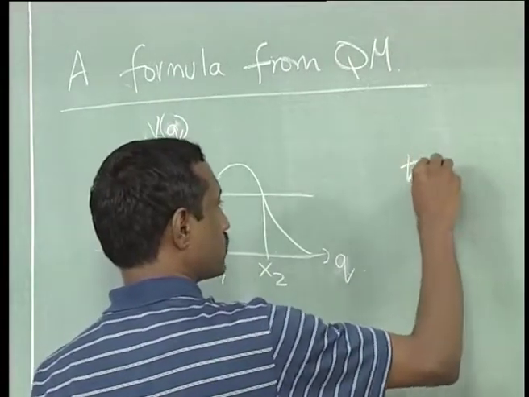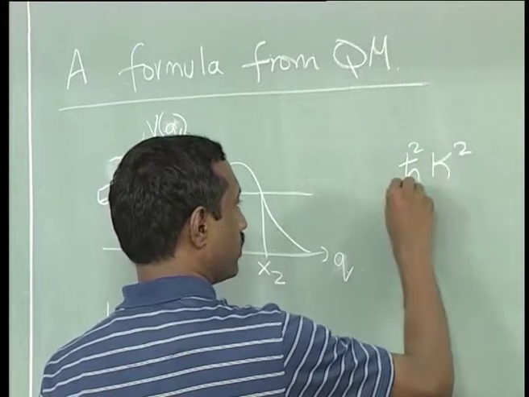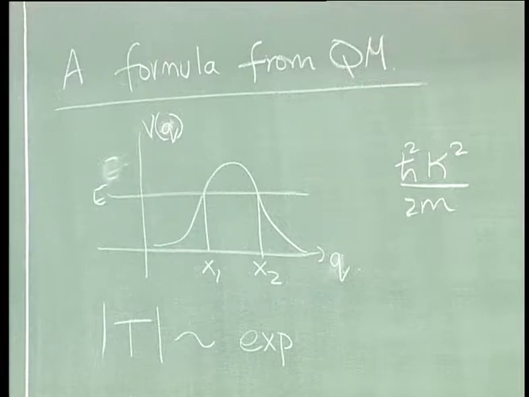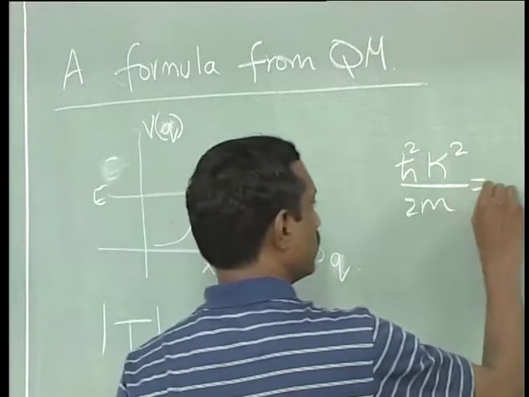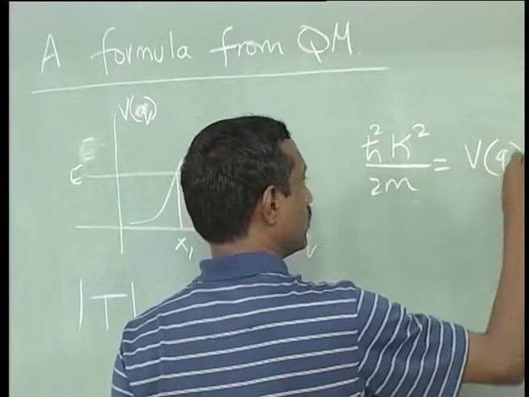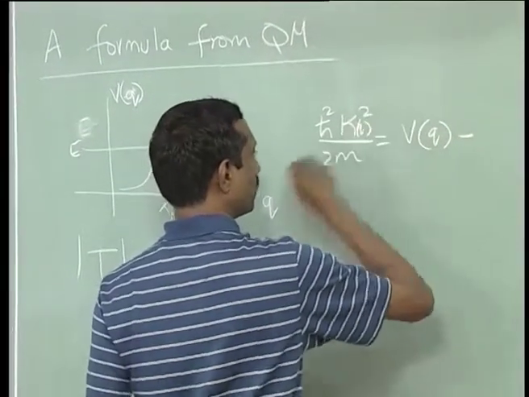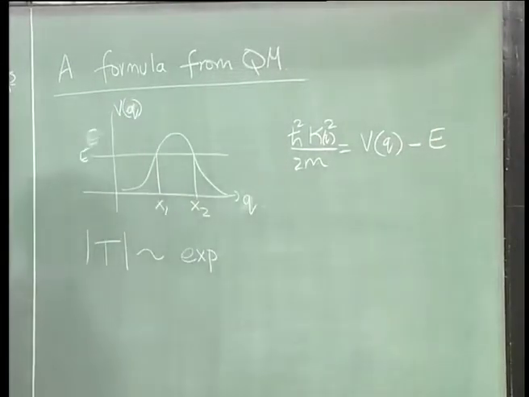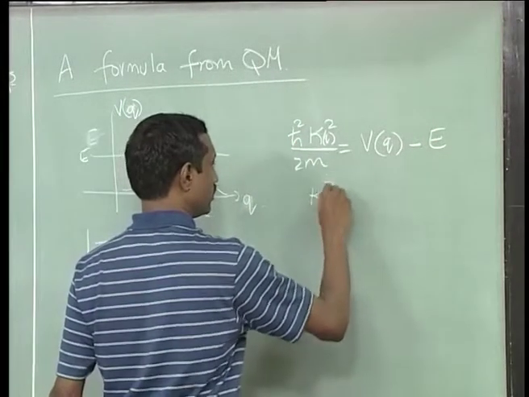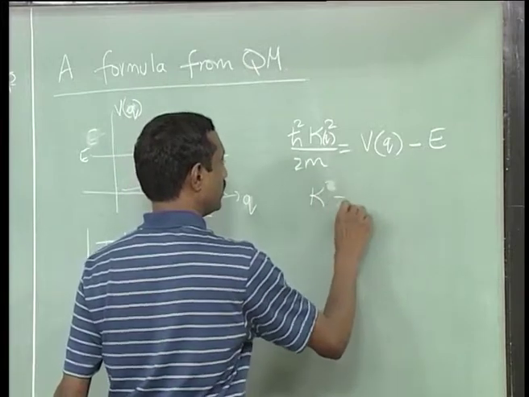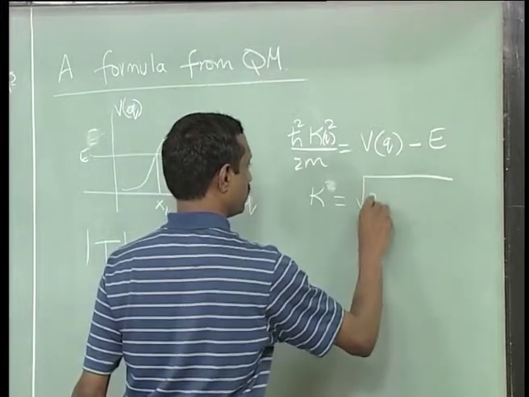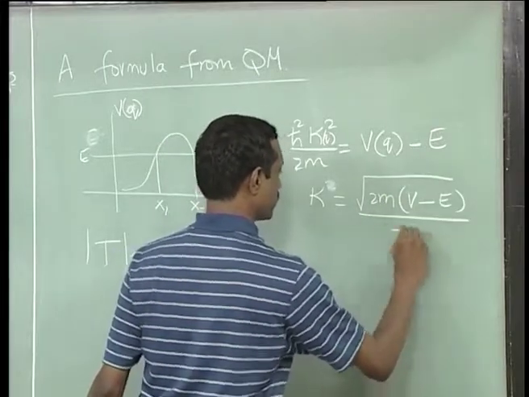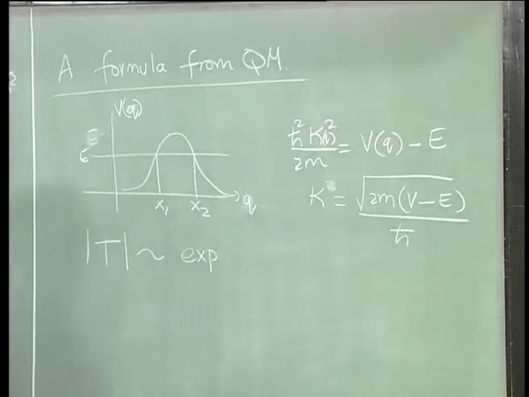Let me define h bar squared kappa squared upon 2m, for a single particle with mass m, equal to V of q minus E. So kappa is root 2m times V minus E, divided by h bar.